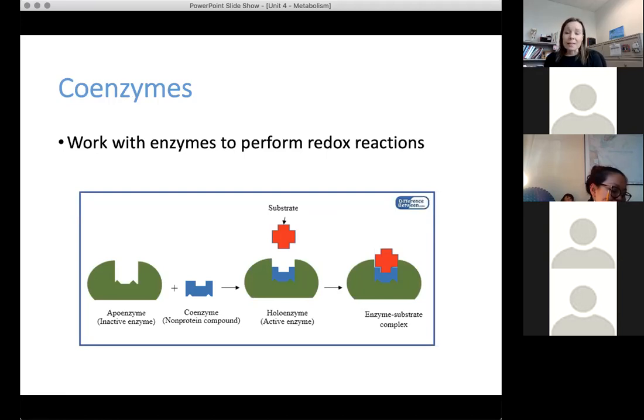NAD is the oxidized form, the form that does not have the electrons and the hydrogen ions. It can be reduced, so you can give it electrons and hydrogen ions, and then it becomes NADH plus an additional H. If you see H's on NAD, you know that is the reduced form because it's been given hydrogens.